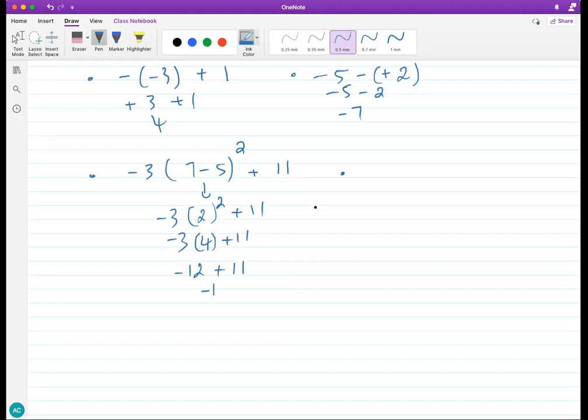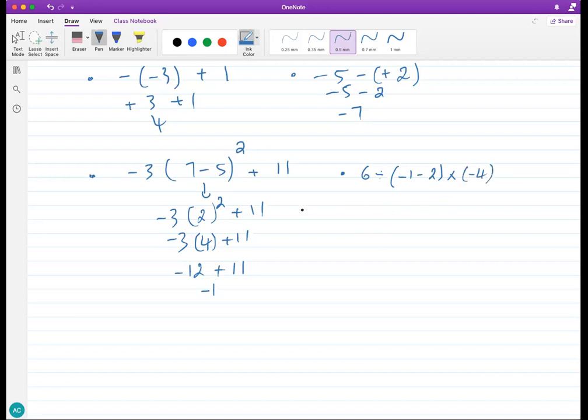What else? Let's see. So we have, say, 6. We want to divide that by, say, -1 minus 2, and multiply this by maybe 4, or possibly -4.